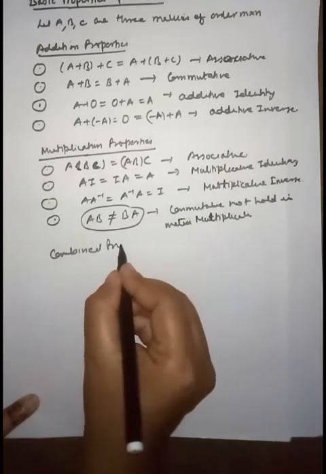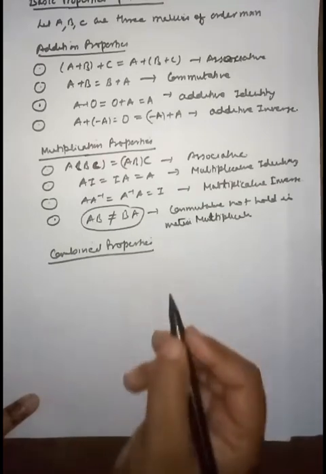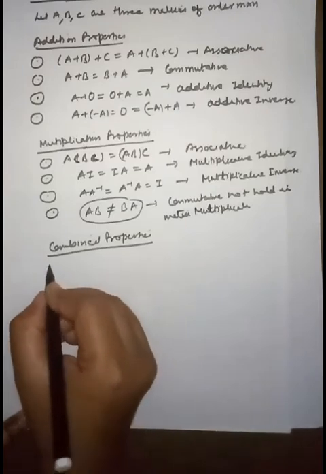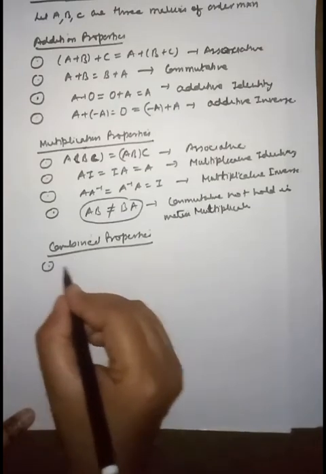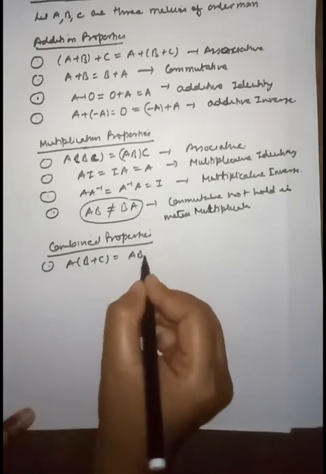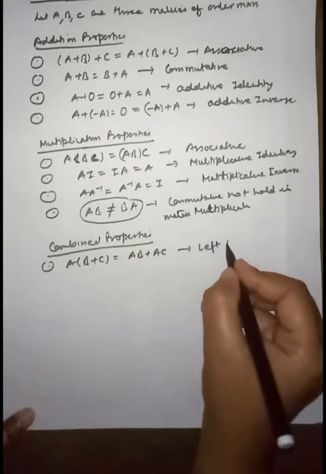Combined properties, and these are called left distributive and right distributive. So if we take the property A(B plus C) equals AB plus AC, this is called left distributive.